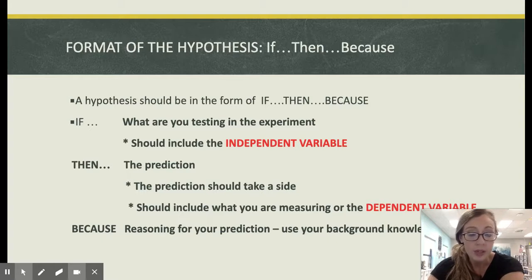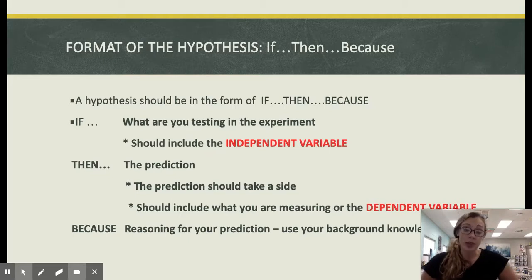All right, so when you write a hypothesis, it has to be in an if, then, because format. So you're going to say, if this happens, so if what you're testing in the experiment happens, that's the independent variable, then you're going to predict what's going to happen, okay? And that's your dependent variable. So in my example to you about going outside, if Miss Allen goes outside in the summertime in Alabama, right?